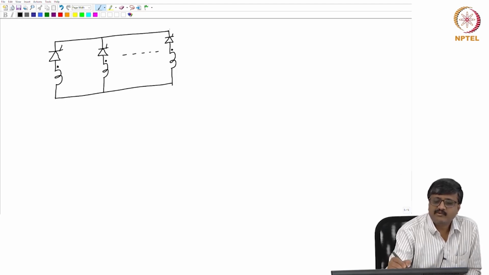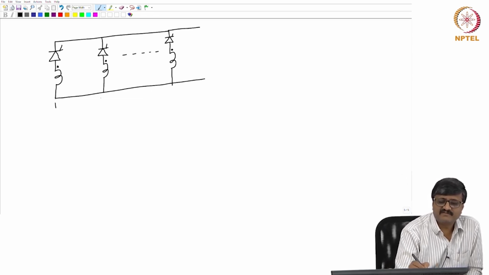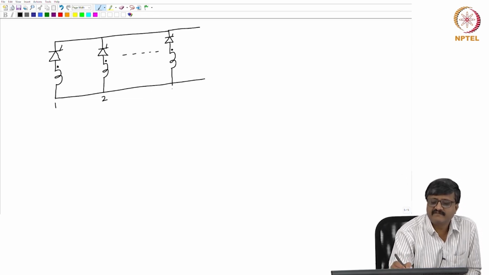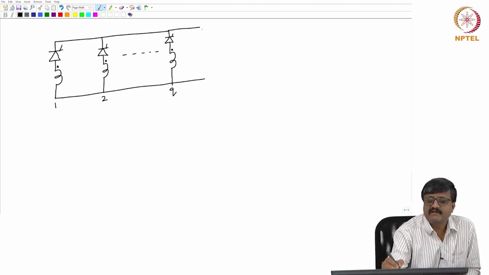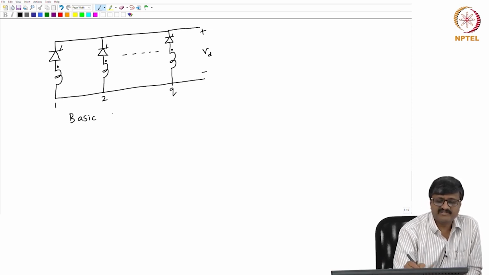There are q such transformer windings. This is the first winding, this is the second winding, this is the qth winding, and here I have the DC side voltage Vd. This is the circuit of the basic commutation group.